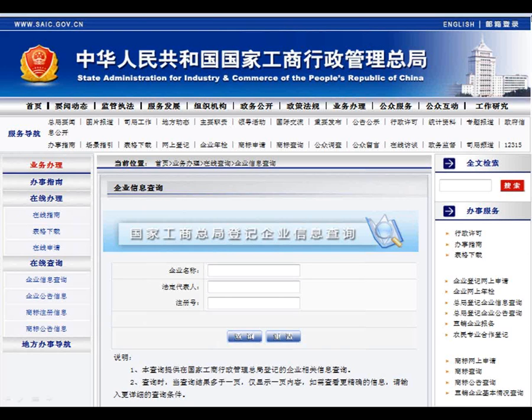This slide shows what the websites of the state administration look like. Of course, it's all in Chinese, and in this big database you can find only the large companies, like Bank of China, which you usually do not cooperate with.